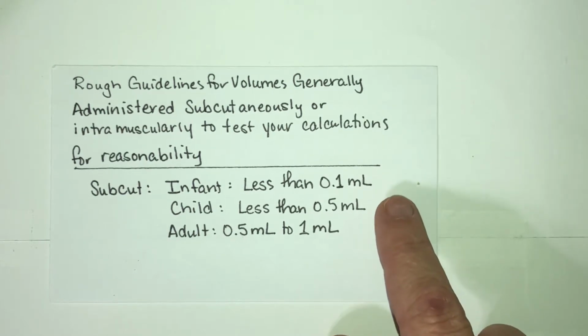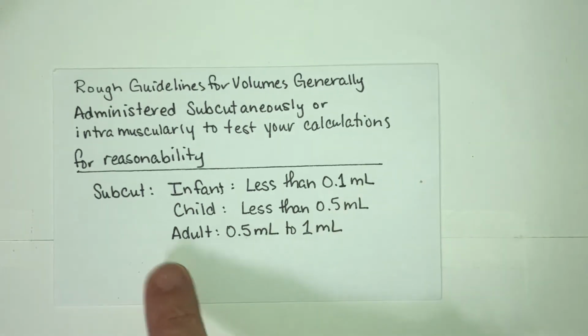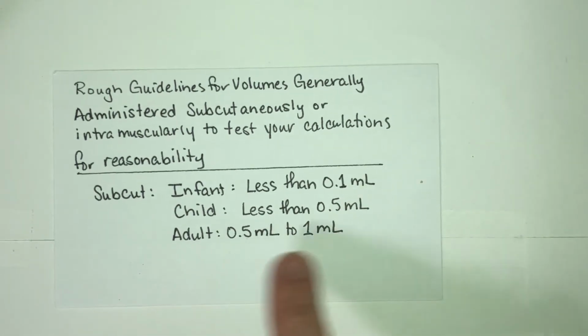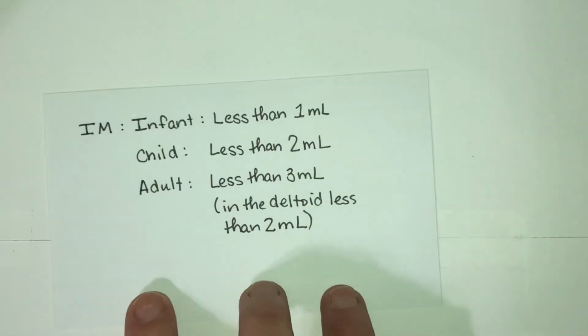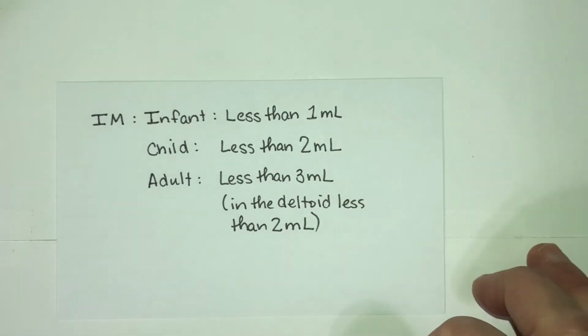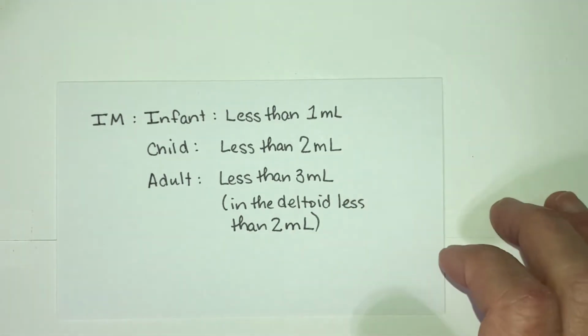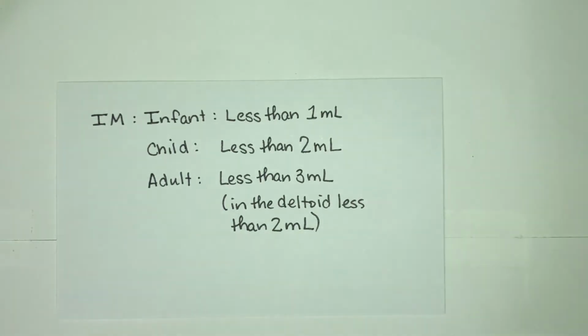For a child, it is usually less than 0.5 milliliters. For an adult, it is usually between 0.5 milliliters to 1 milliliter. And then if you're giving an intramuscular injection, for an infant, it is usually less than 1 milliliter. A child is less than 2 milliliters. An adult is less than 3 milliliters, but if it's given in the deltoid, it's less than 2. You can find this information in your book.